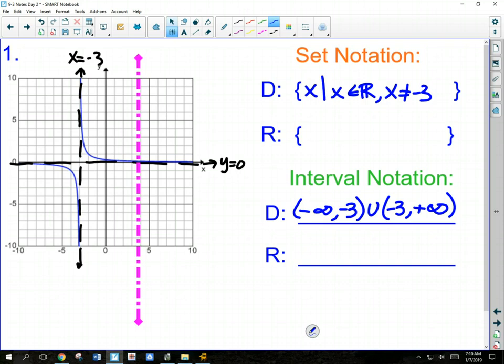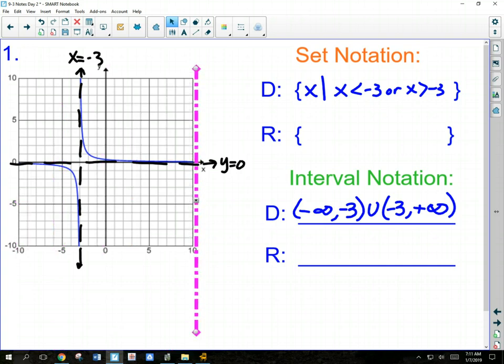The other way people will sometimes do it is they will say x can be less than -3 or x can be bigger than -3, but x can't be exactly -3. So you pick your poison and decide how you want to write it. Either one of those would be fine.